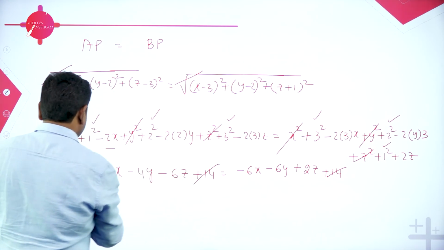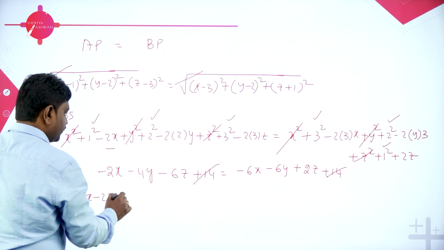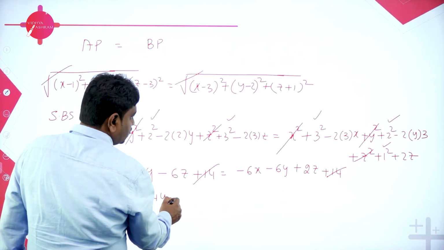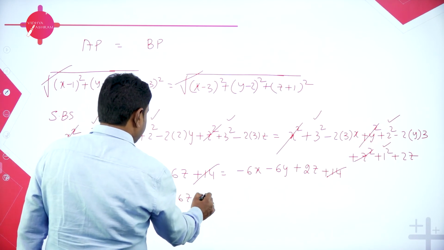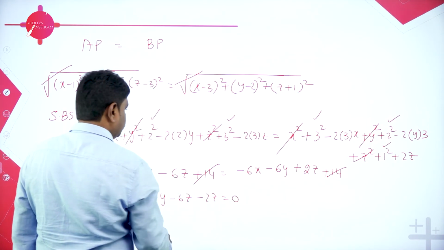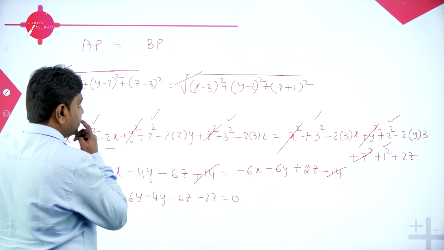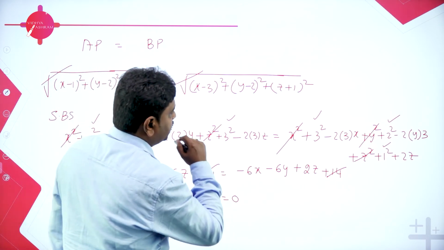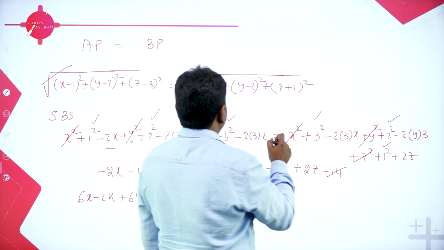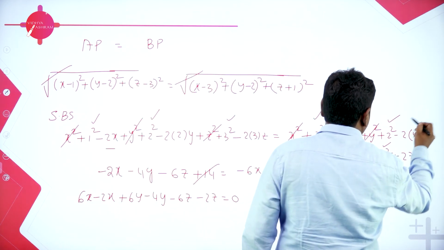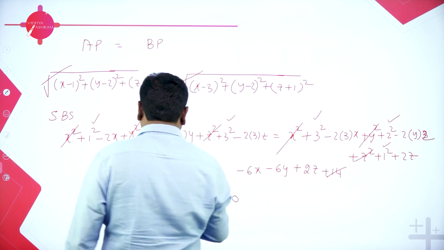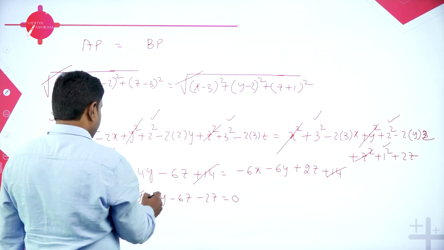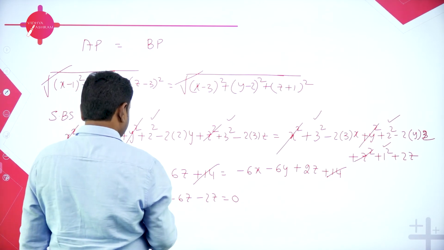So minus 6x becomes 6x minus 2x, plus 4y minus 4y, then minus 6z minus 2z is equal to 0. Minus 4y and plus 4y cancel.